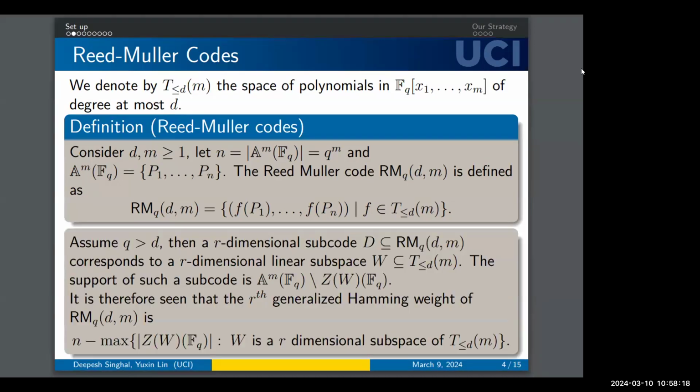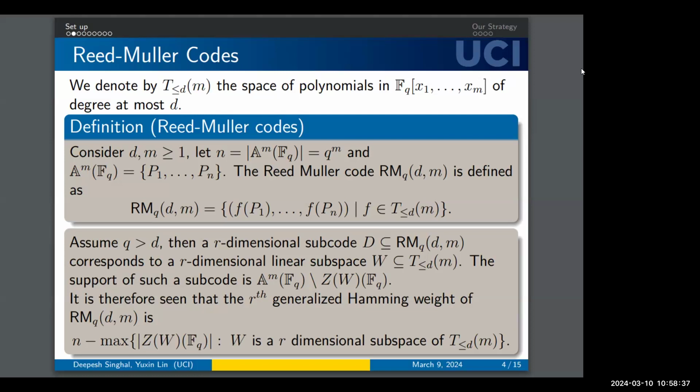Now, in order to compute these generalized Hamming weights of the Reed-Muller code, firstly, we assume that q is at least d. This is to ensure that the map from polynomials to functions is injective.